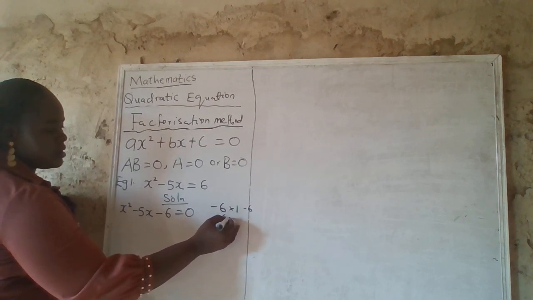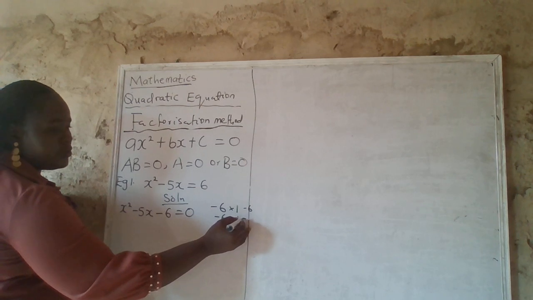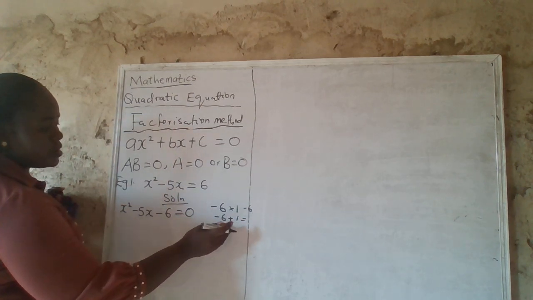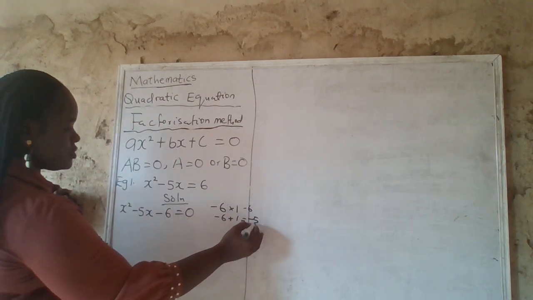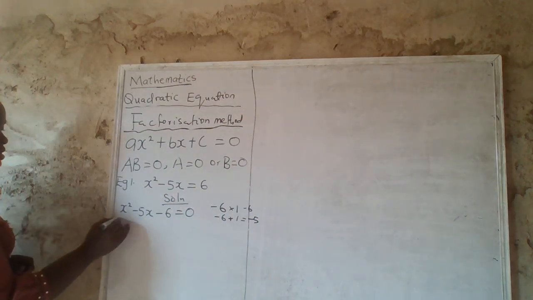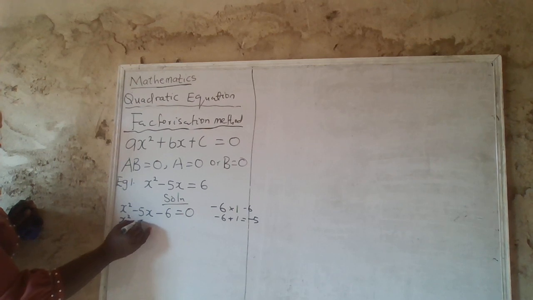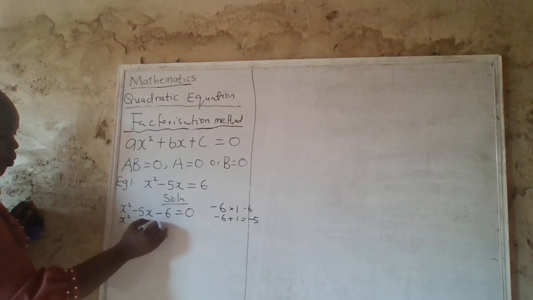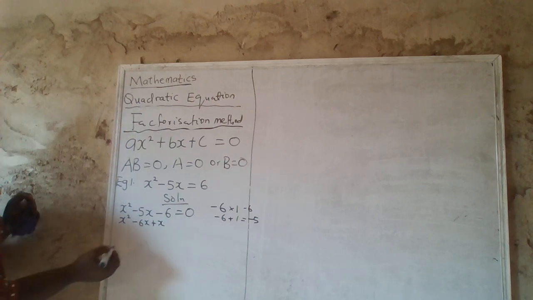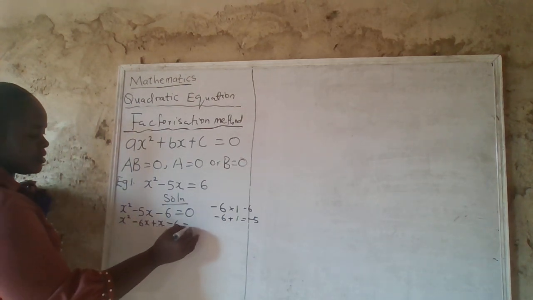Minus 6 plus 1 will give us minus 5. So having done that, we can now put it here. x squared minus 6x plus 1x minus 6 is equal to 0.